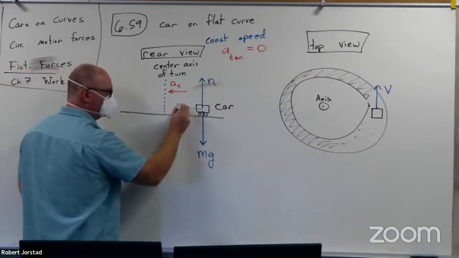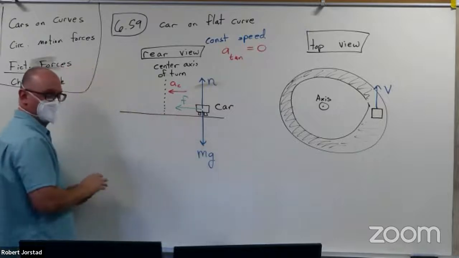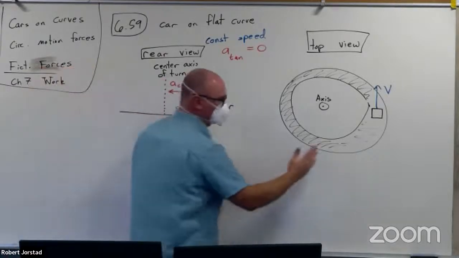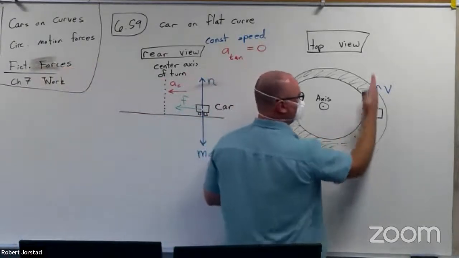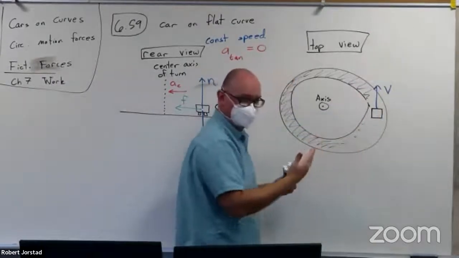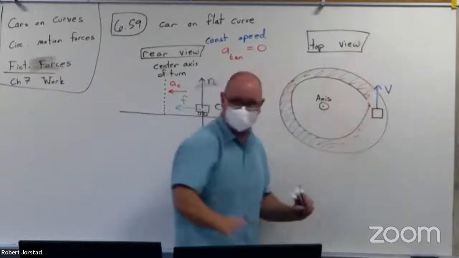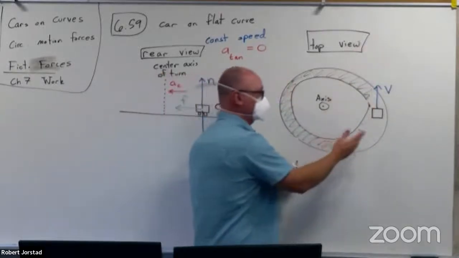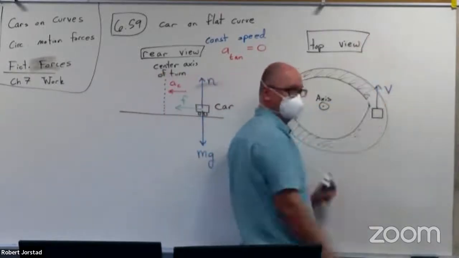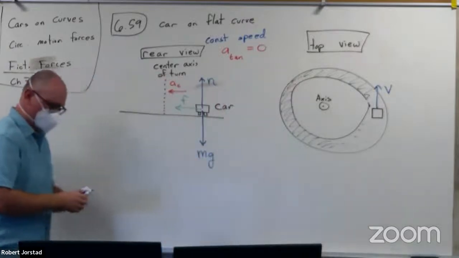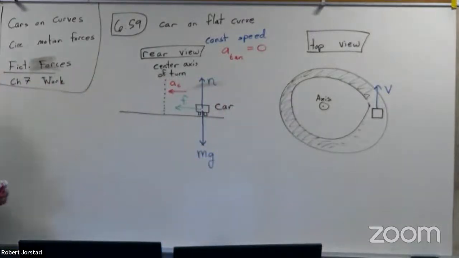If there was no friction, it would keep going in a straight line. It would just go straight and it would feel like it slides to the outside of the curve. But in reality, it would just be going straight, right? If there was no friction, there'd be no acceleration, it would just go here. We do not want that. This can happen if the road is really icy. We do not want that.